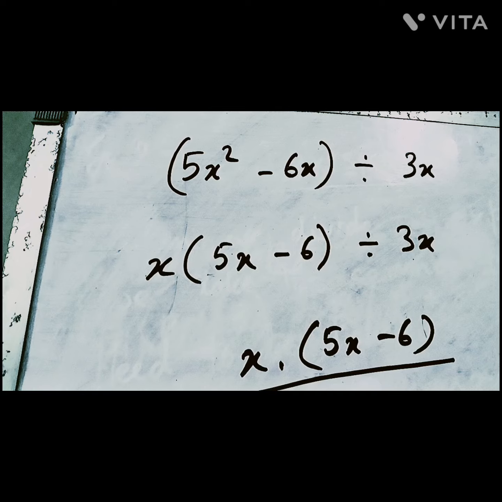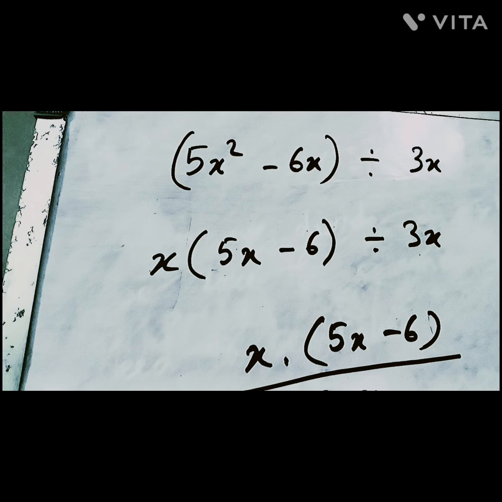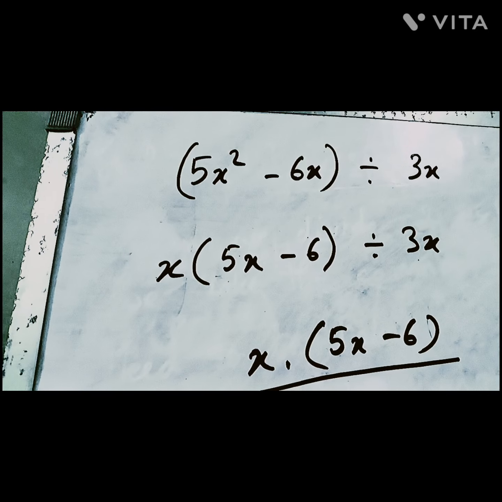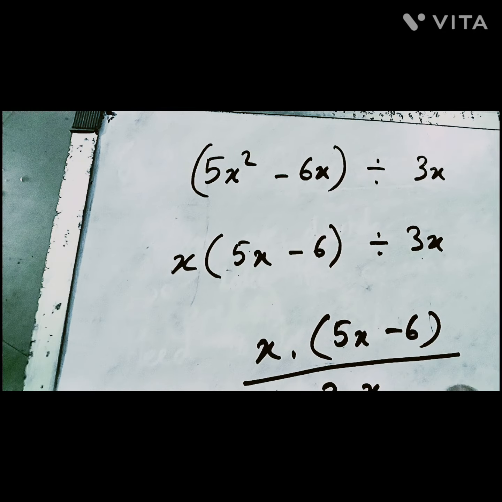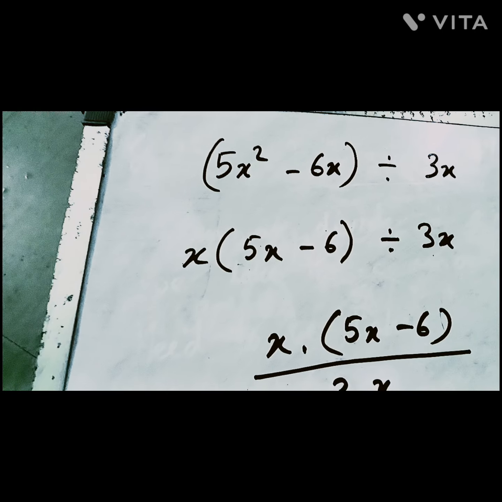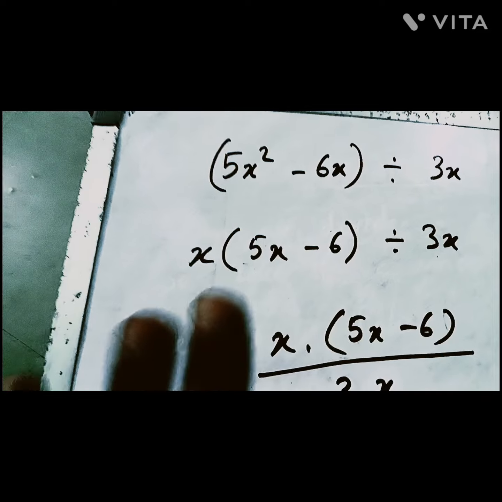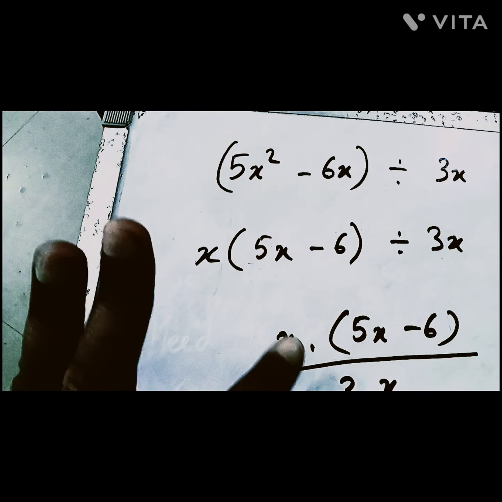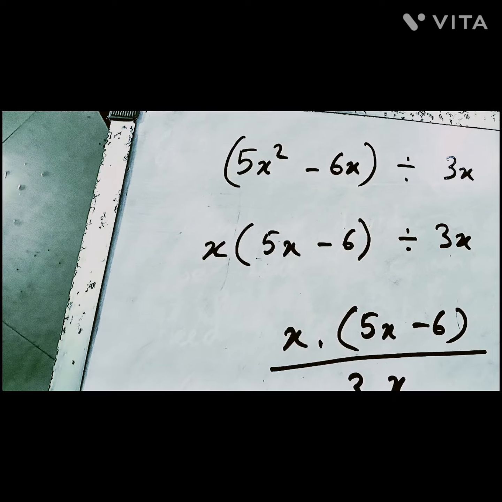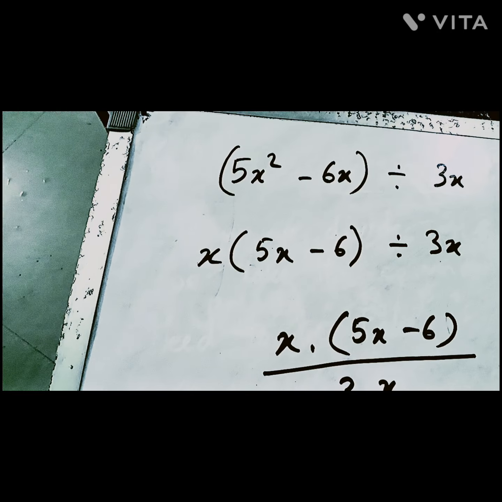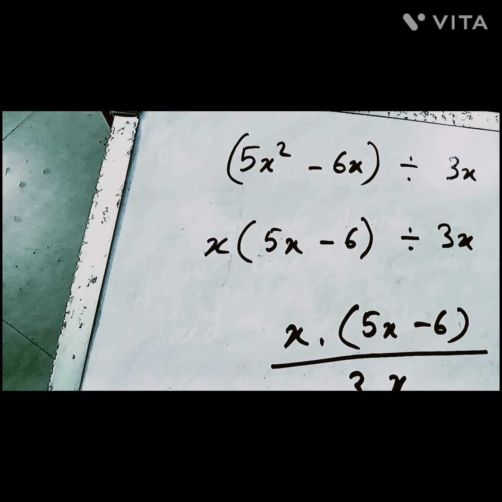So x into 5x minus 6, these are the two products. Now you cannot cut 5x minus 6 with 3. You cannot cut 6 with 3 because there's a minus. What you can cut is the product, the two products. x is one product and 5x minus 6 is another product. So here only x can be cut, nothing else.